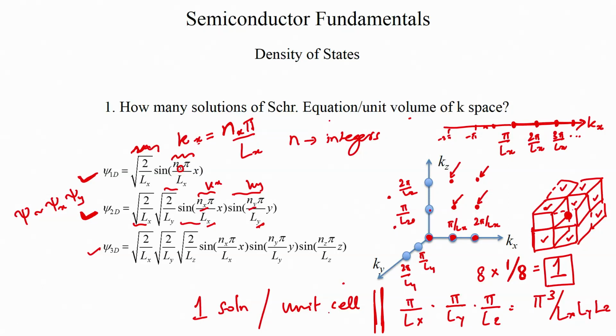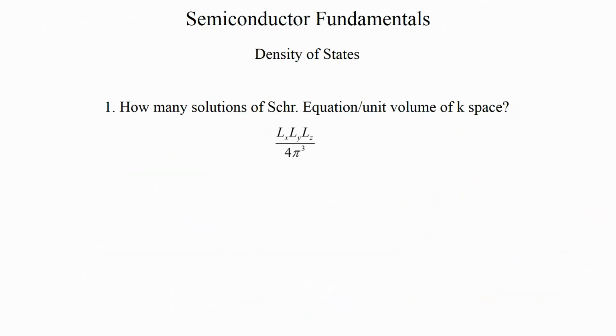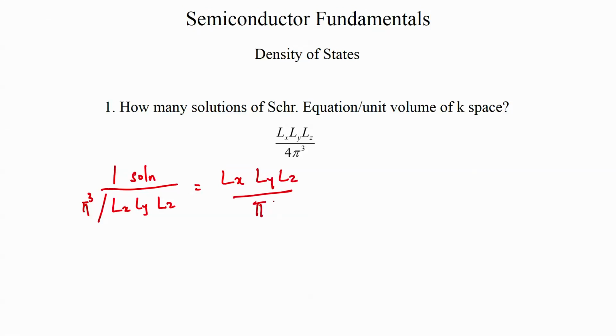So there is one solution per unit cell, and that unit cell has this volume. Therefore, how many solutions of Schrodinger's equation are there per unit volume? The answer is simply, as far as our calculations go so far, one solution divided by a volume of pi cube by Lx Ly Lz, which is Lx Ly Lz by pi cube.